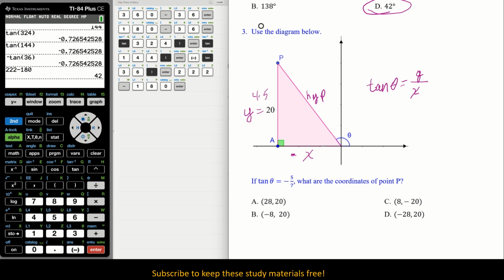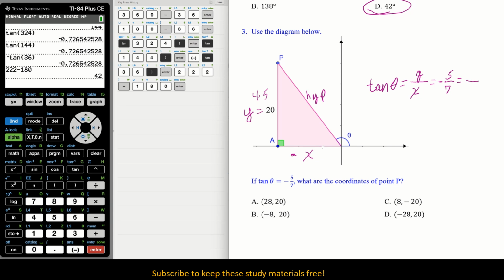I like to put it in terms of x and y. It's more convenient for me. And in our situation, we have the negative. So we know the y is associated with a 5 and the x is associated with a 7.